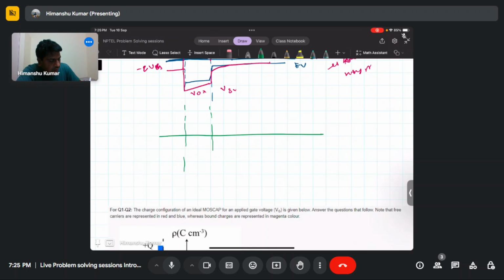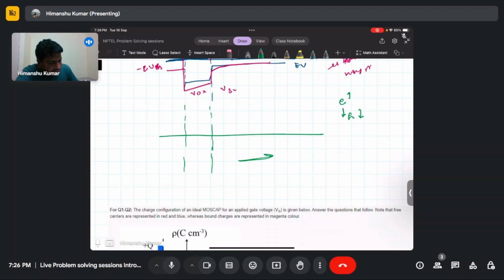Because the electrons have moved out towards the interface, whatever remains is the depleted substrate, and the doping concentration is constant. Depleting means the electron concentration increases, so the holes move down, that means your holes are pulled away from the junction, and this substrate is getting depleted.